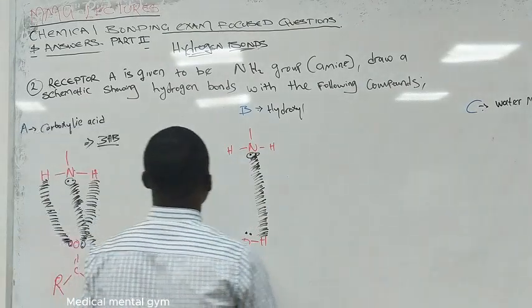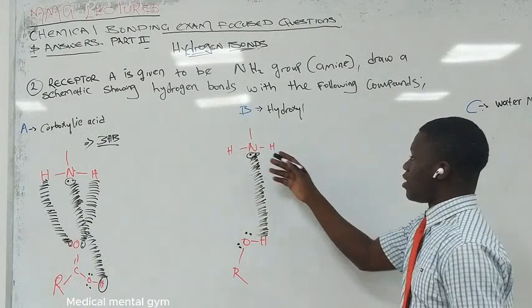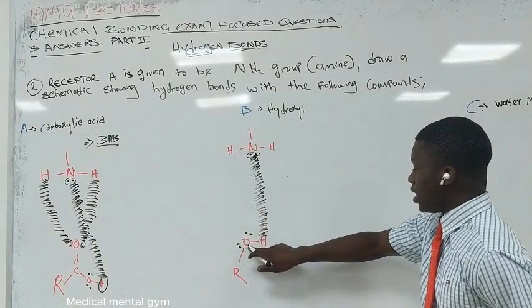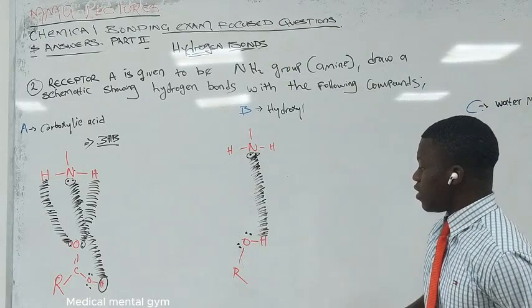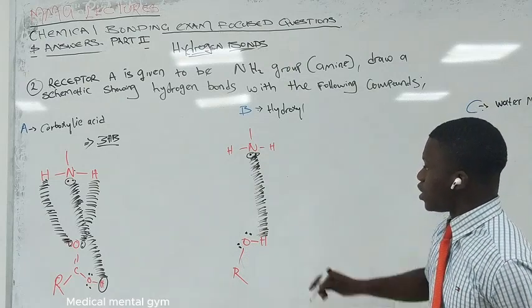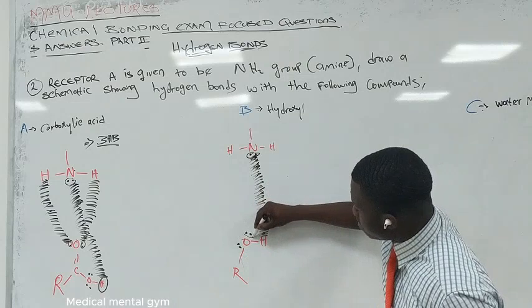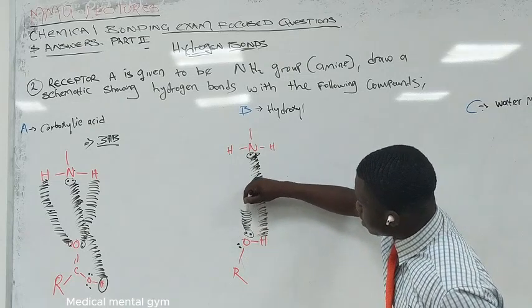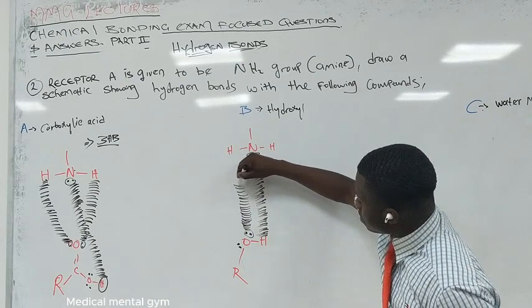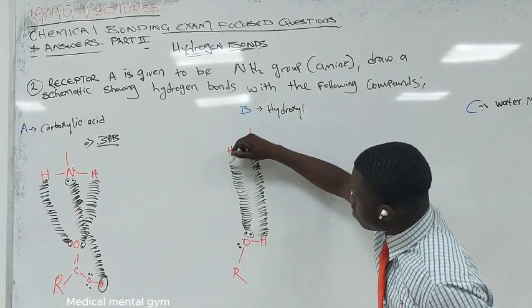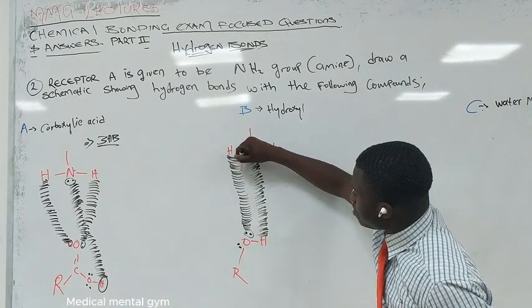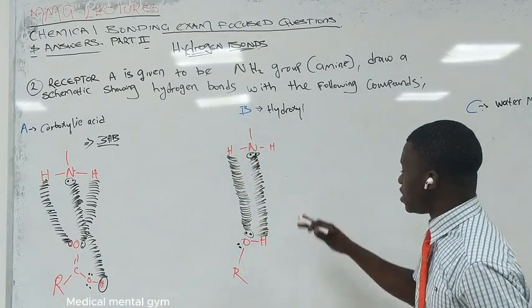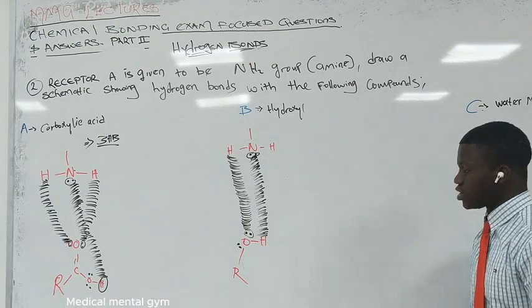And we still have hydrogens present in our receptor molecule, which are able to form hydrogen bonds with our electronegative oxygen on the hydroxyl group. So this hydrogen can participate in a hydrogen bond with this oxygen atom. So I'm showing a hydrogen bond formed as a result of a hydrogen binding to a very electronegative atom, such as oxygen.